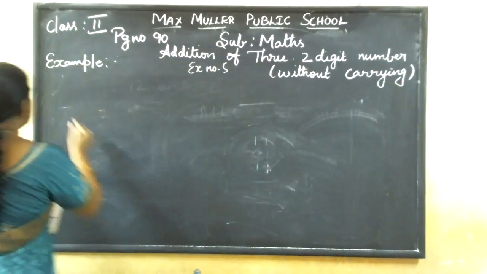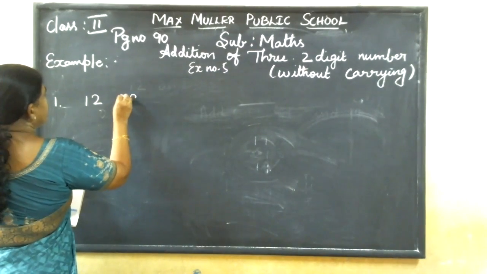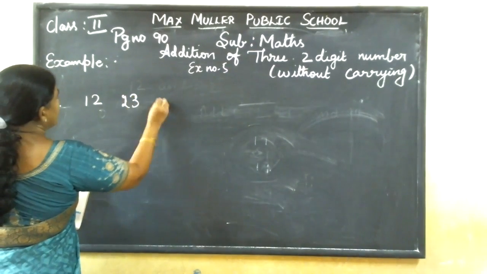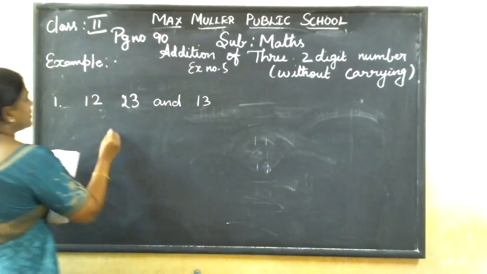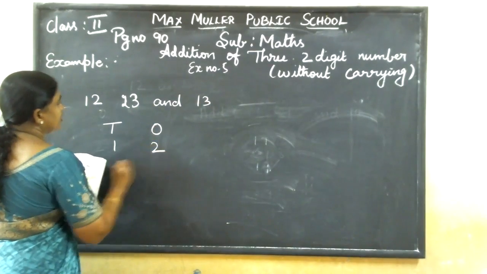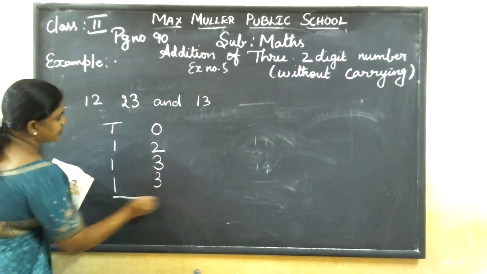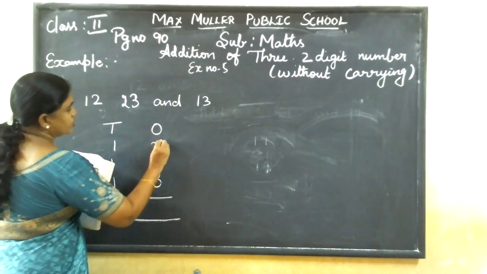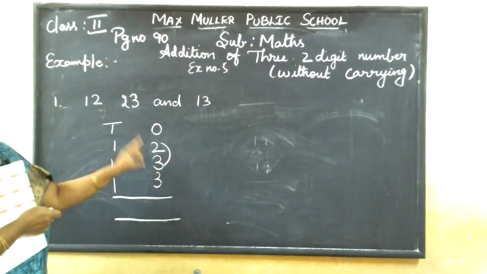Exercise number 5. First one, 12, 23, and 13. Tens, ones. 1, 13, here also 13. 2 plus 3, 2 you keep in the mind, 3 on the finger.